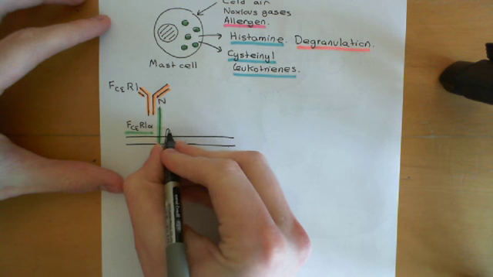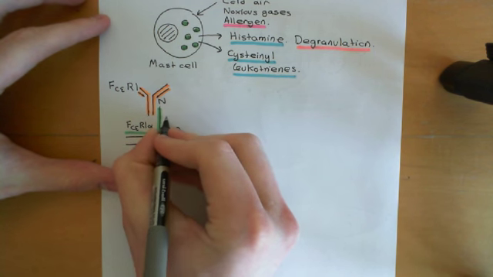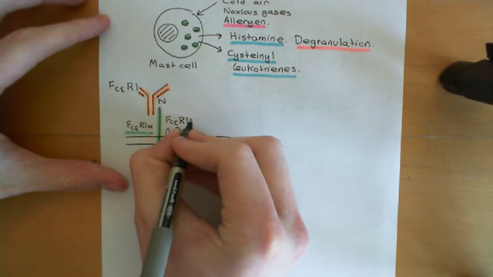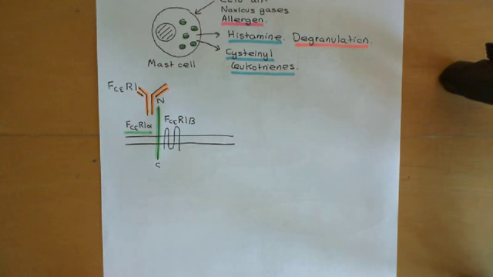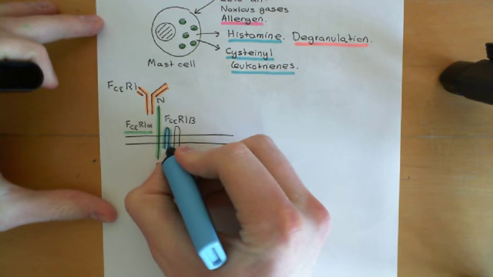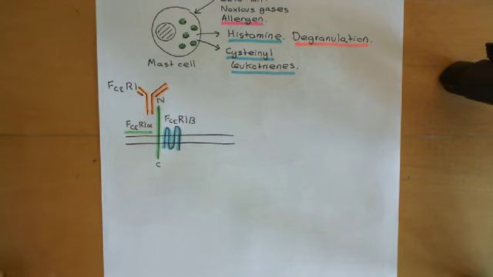Okay, so the second protein that I want to show is the Fc epsilon R1 beta, which we'll have here. So this is Fc epsilon R1 beta, and I'll colour Fc epsilon R1 beta now in blue here. Okay, and both its N-terminal and its C-terminal are intracellularly.